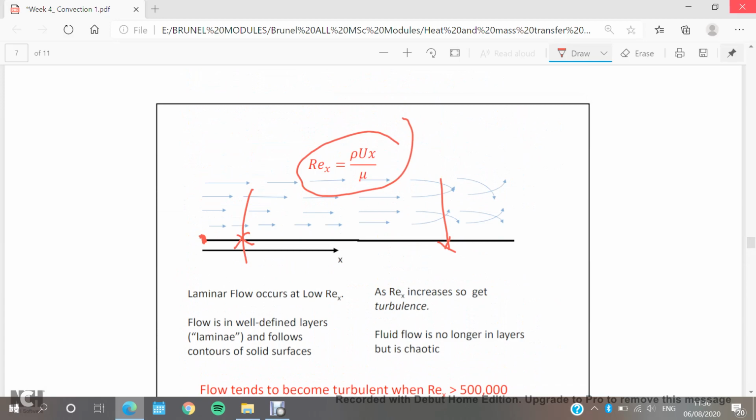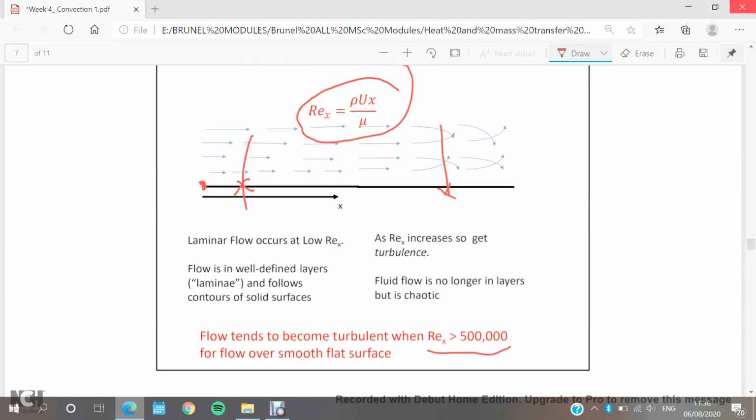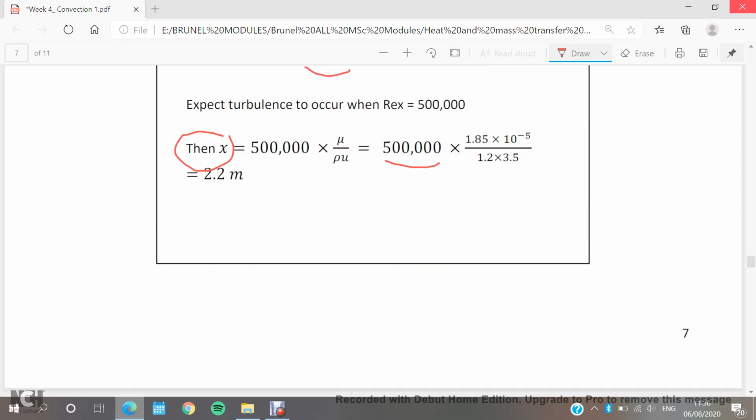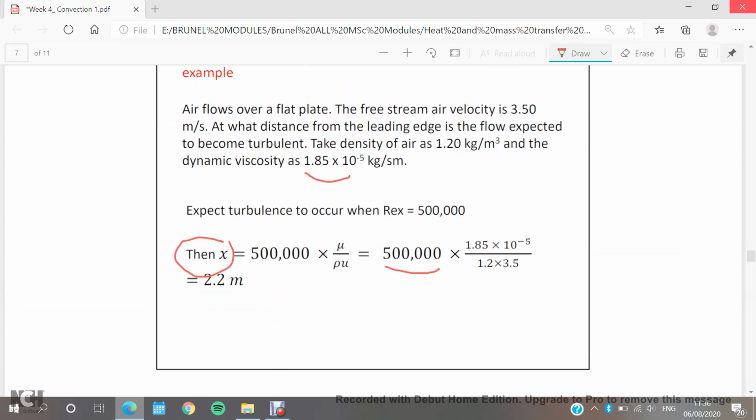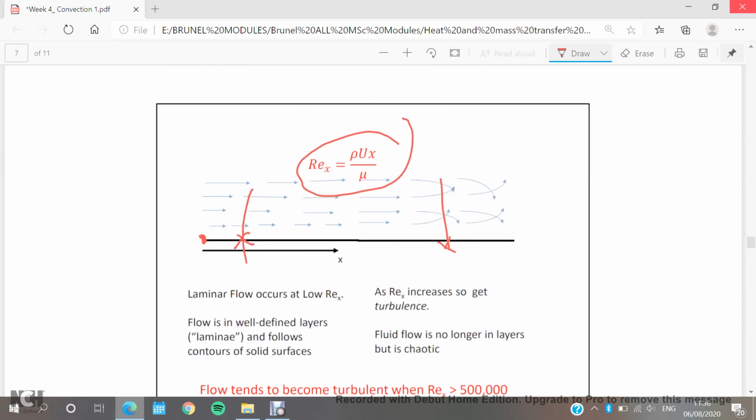So we have here 500,000 Reynolds number times the dynamic viscosity divided by rho times u, the free stream velocity and the density. You'll find that the flow will start to be turbulent at a distance of 2.2 meters away from the leading edge. It's a very simple example to show you how to put the numbers in this equation.